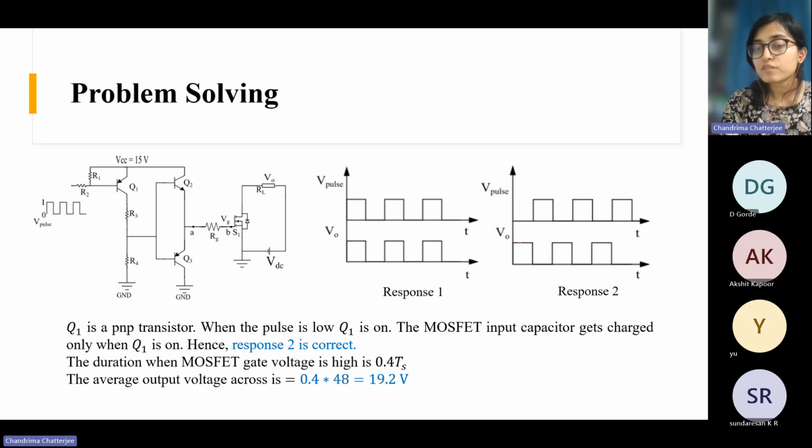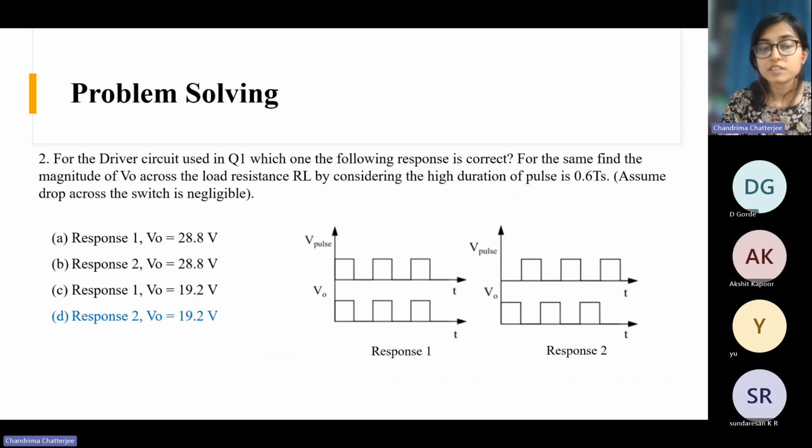The average value of V out will be the source voltage VDC times duty, because that is the average voltage here. So this is 0.4 times 48, which is 19.2 volt. The correct option is option D, 19.2 volt. You understood, right? How we got to the solution?